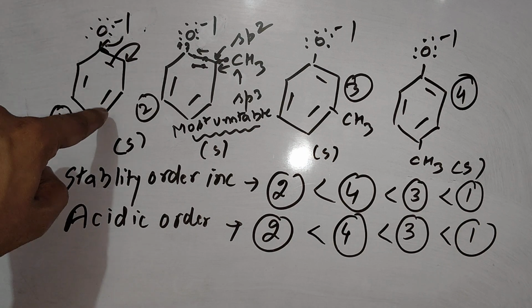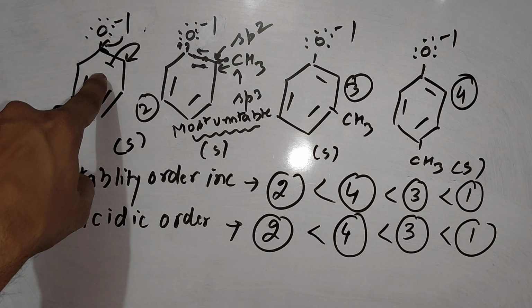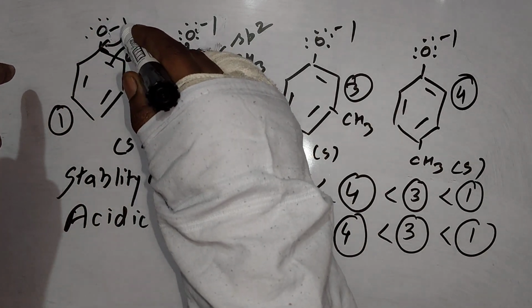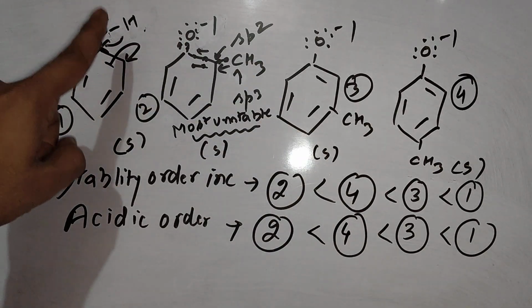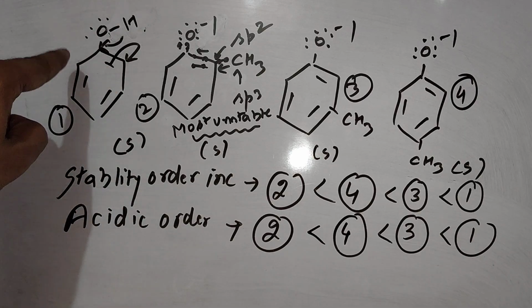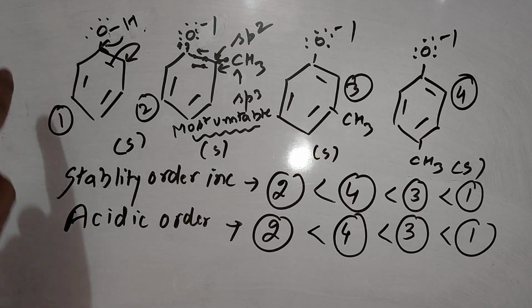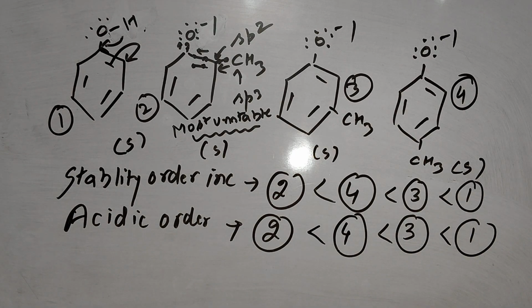When I say this molecule, I mean this original parent molecule. If it is easily releasing H positive, it means it is most acidic. So this will be the acidic order of these four molecules. That's it. This is the end of acidic comparison.